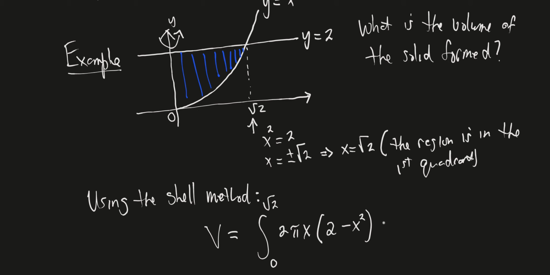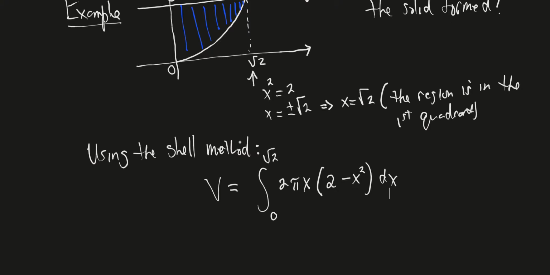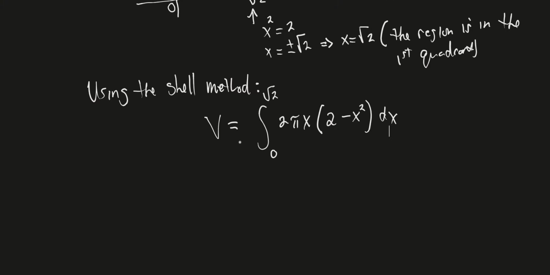This is the setup, and it will give us the volume. Notice the only algebra we had to do is to figure out that point of intersection so that we know what the upper limit is.